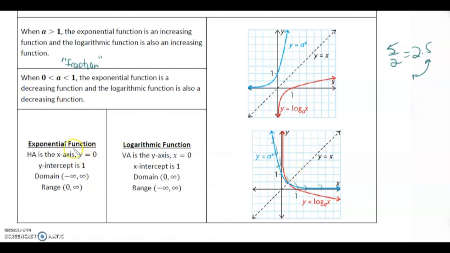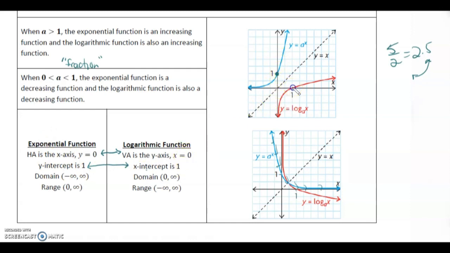Okay, and let's compare some of the properties and characteristics of an exponential function versus a logarithmic function. So the exponential function has a horizontal asymptote, y equals 0, whereas the logarithmic function has a vertical asymptote, which is the y-axis, x equals 0. Okay, both of them have an intercept of 1. The exponential function has that y-intercept of 1 right here.